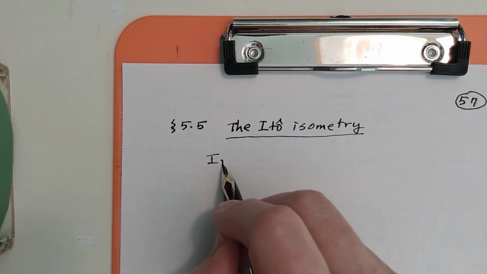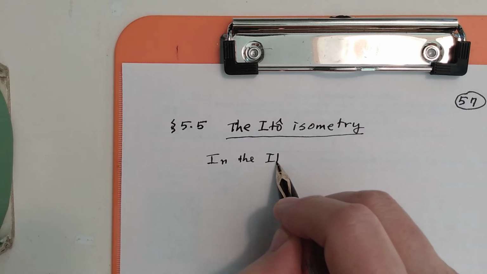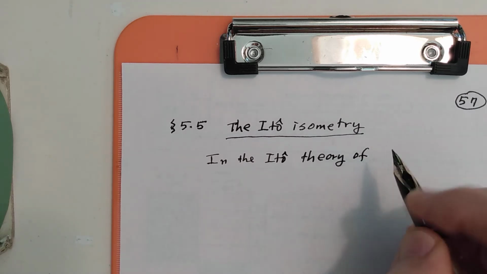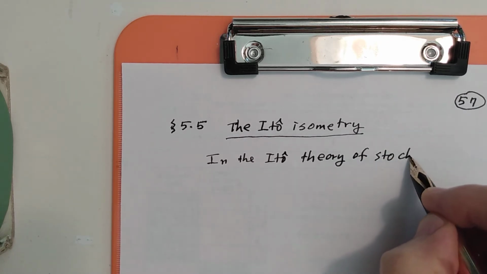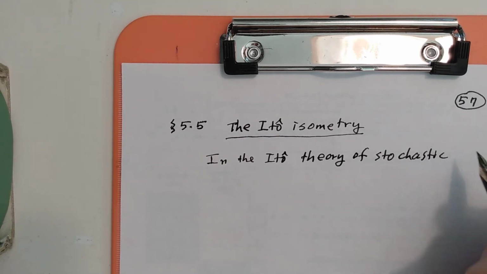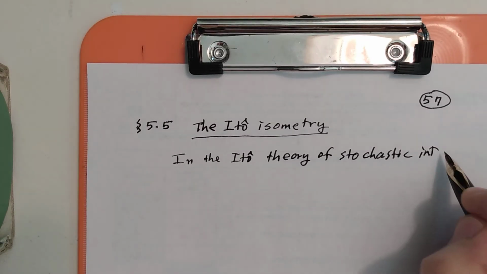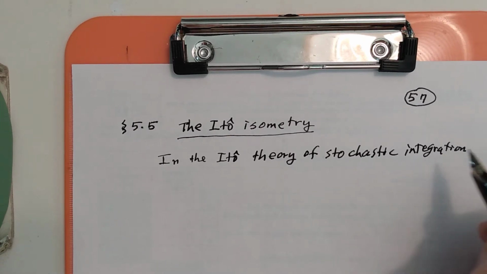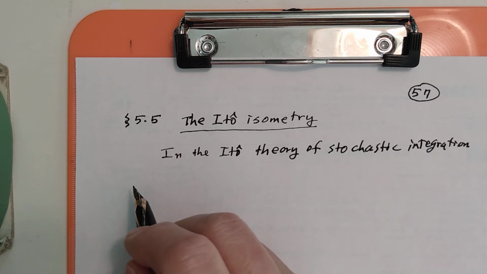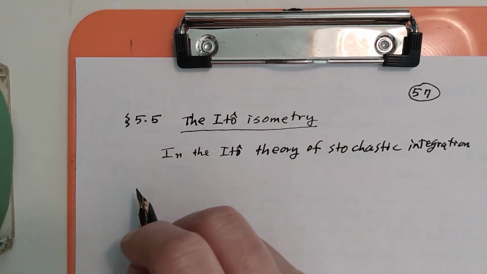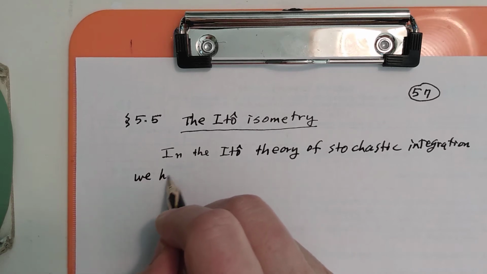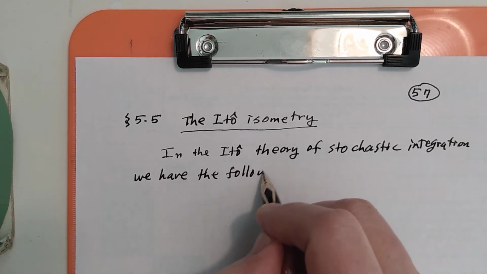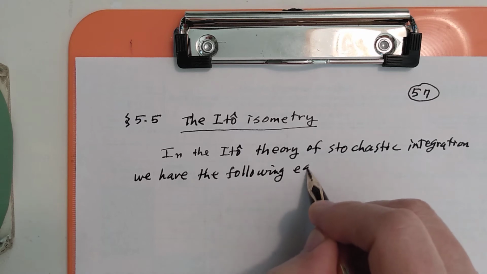In the Ito theory of stochastic integration, we have the following equality.